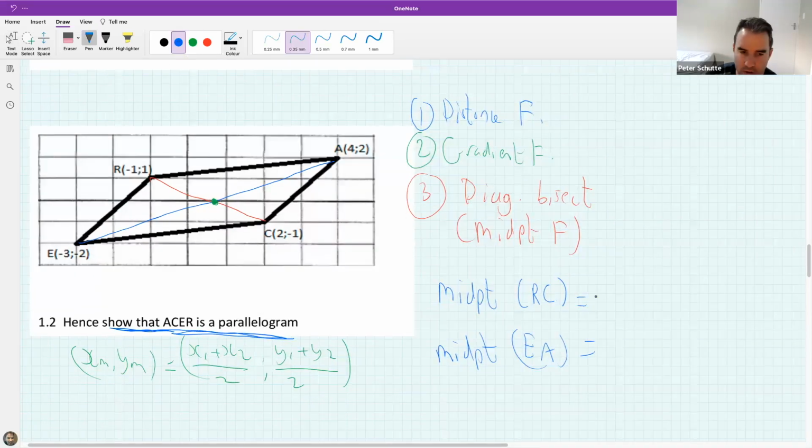I'll do the first one as an example. So -1 plus, wait, not plus 4. -1 plus 2 over 2. And then 1 plus -1 over 2.